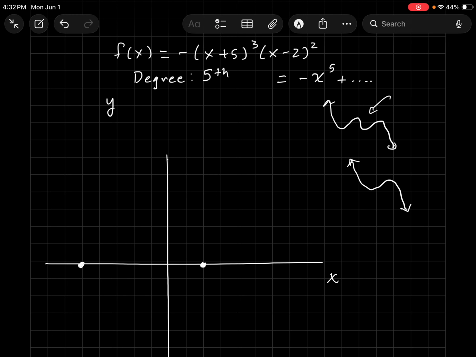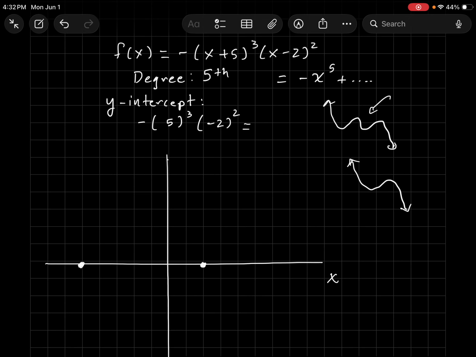Let's also look at the y-intercept, because that might help us draw some things, although I don't think I need it, but maybe it helps. So the y-intercept, when x equals 0, is negative 0 plus 5 cubed times 0 minus 2 squared. So 5 cubed is 125.